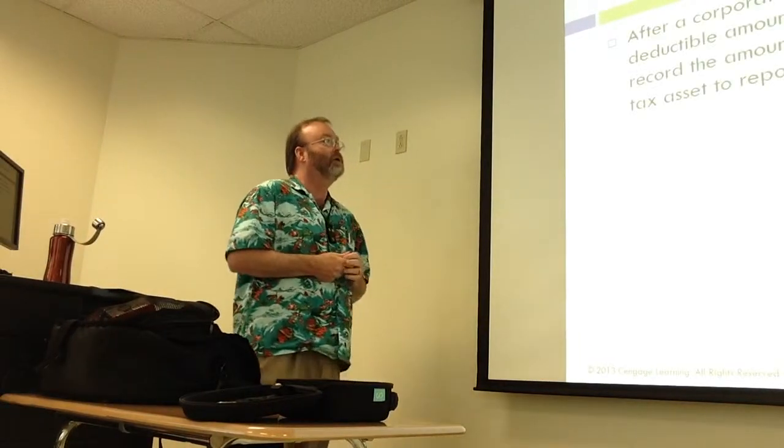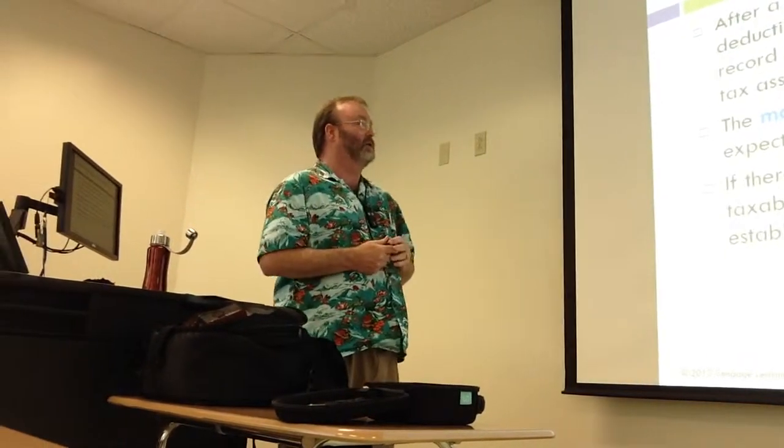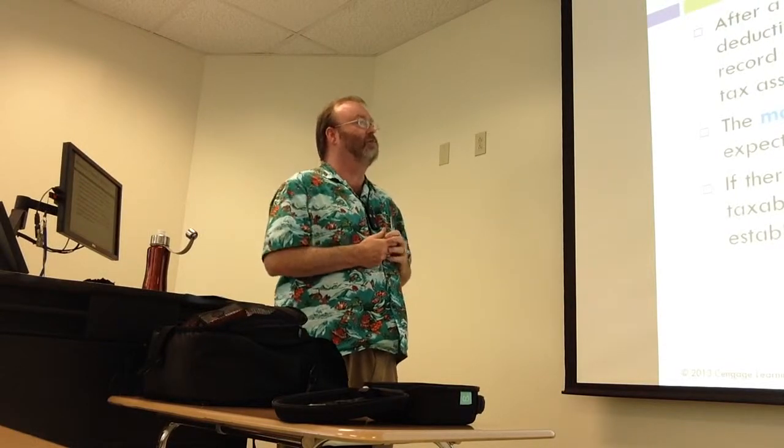All right, so that's the 4 types of differences. We have liabilities generated by both revenues and expenses, and we have assets, once again, generated by revenues and expenses. So the marginal tax rate is what we'll use.